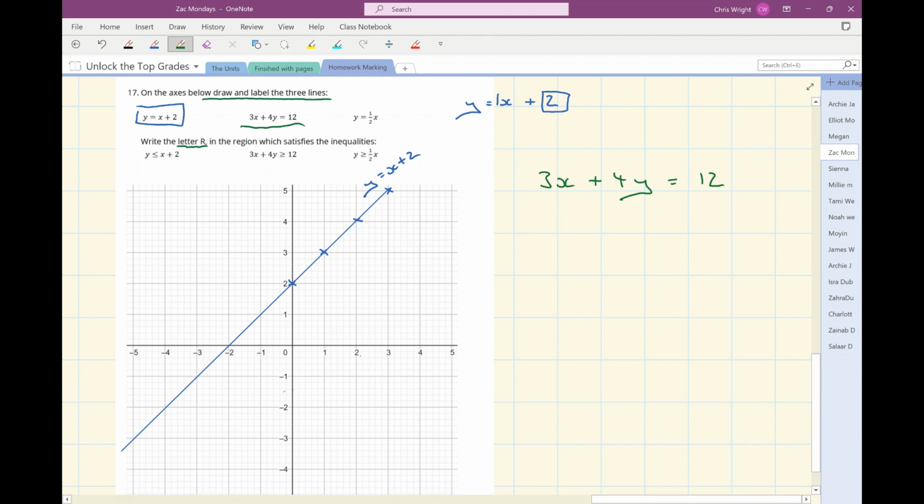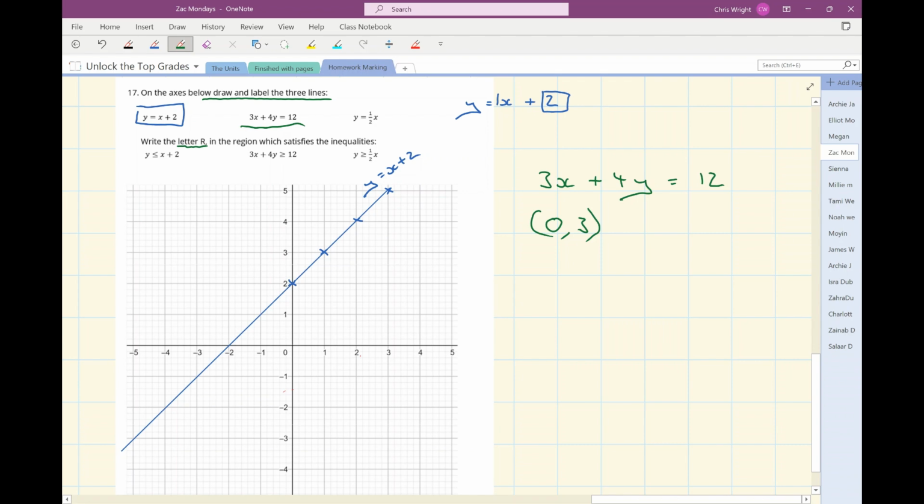I know that 3 times my x-coordinate plus 4 times my y-coordinate has to equal 12. So that means that if x is 0, then 4 times the y-coordinate has to equal 12 on its own. So 4 threes are 12. So the point 0, 3 satisfies the equation, because 3 times the x, 3 zeros, plus 4 times the y, 4 threes, equals 12.